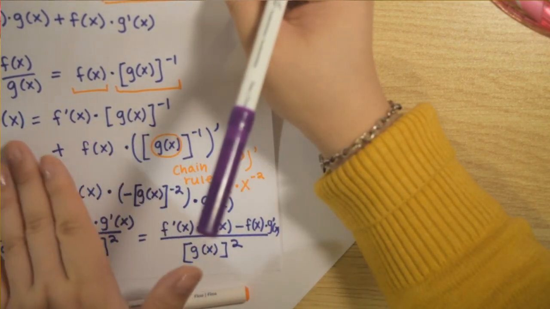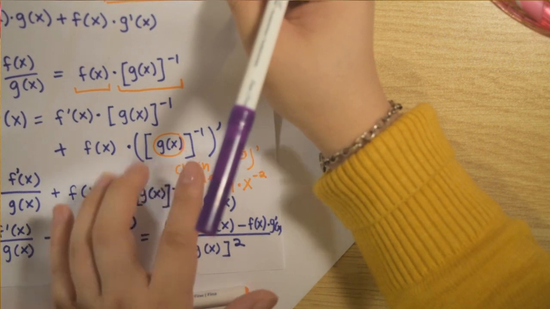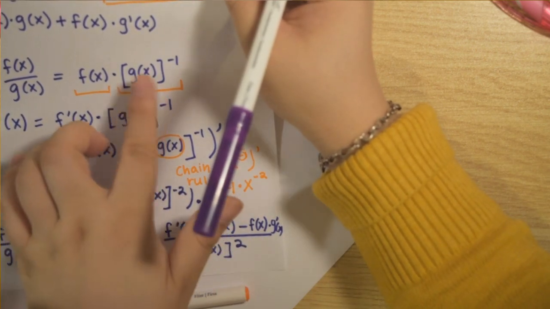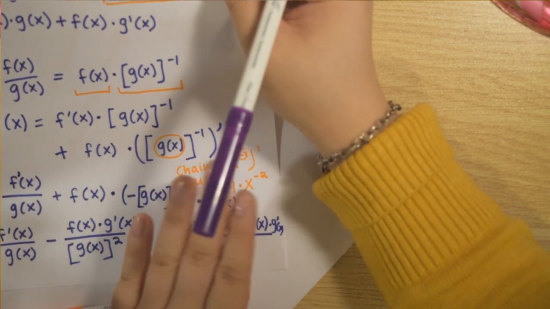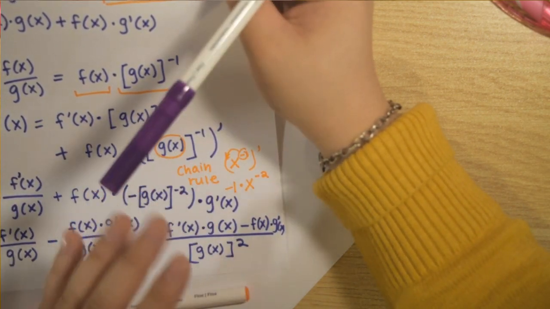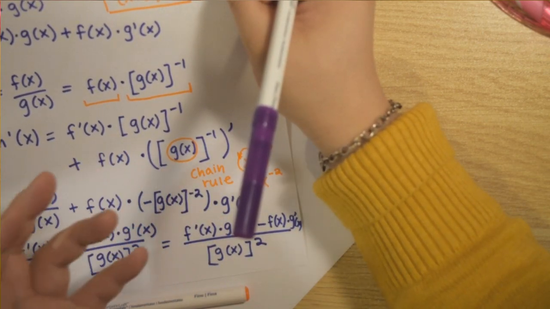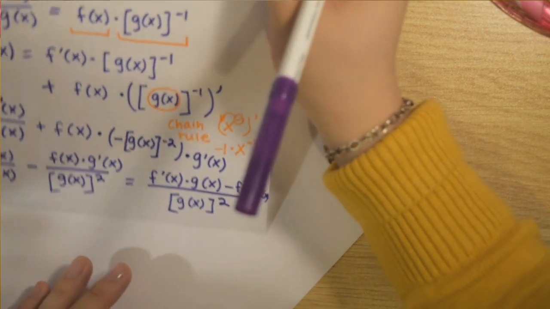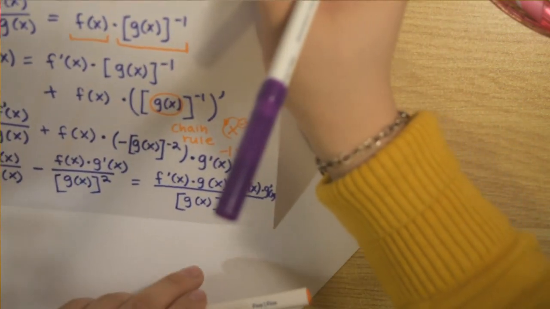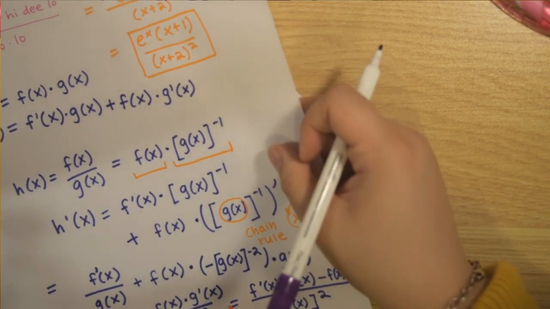Then we applied the product rule as usual, but then we have to use the chain rule because now instead of just g of x, we have g of x to the negative 1. So using the chain rule, we treat the g of x like it's an x, but then we have to chain on the derivative of g of x as well, cleaning up the algebra, and we get the equivalent of the quotient rule.